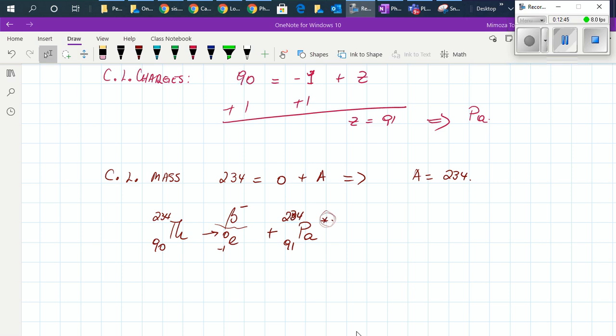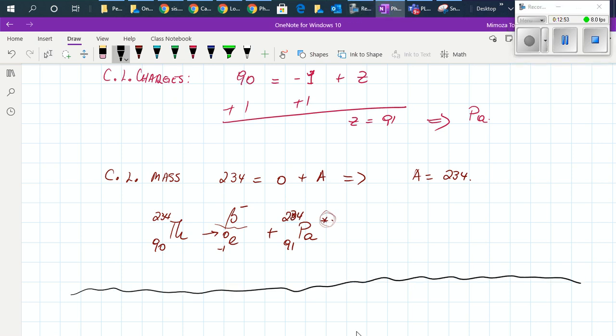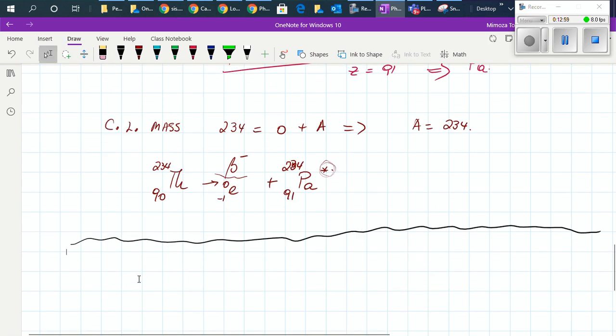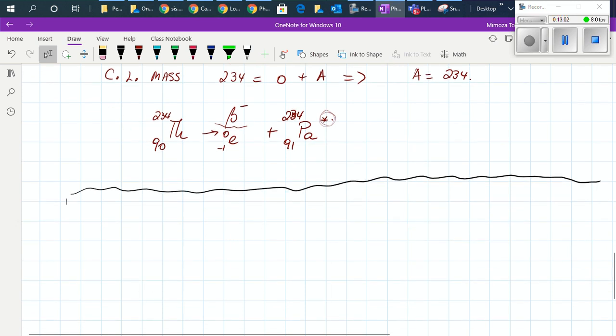It was noticed that for helium or alpha particles, the conservation laws of charges and masses were very well applied, but when it comes to beta negative or beta positive, another particle was identified. This is a second generation of particles, and this mysterious particle is known as the neutrino.